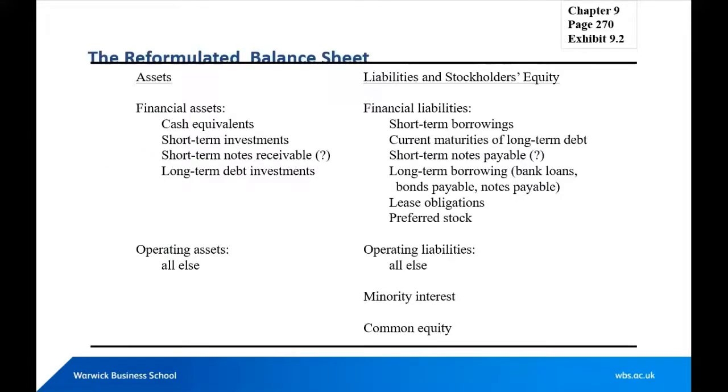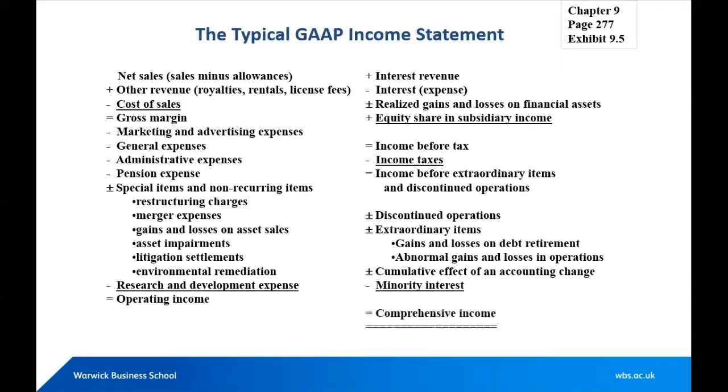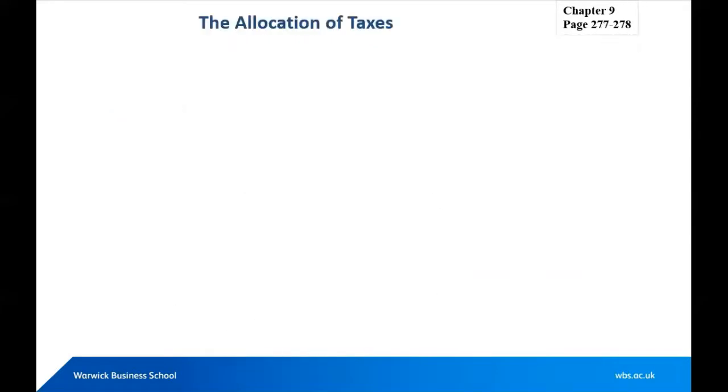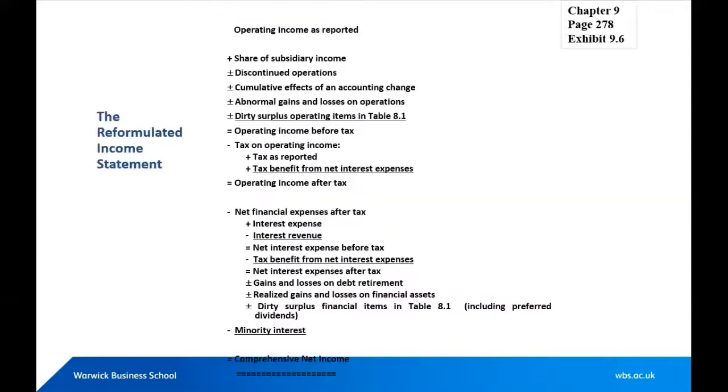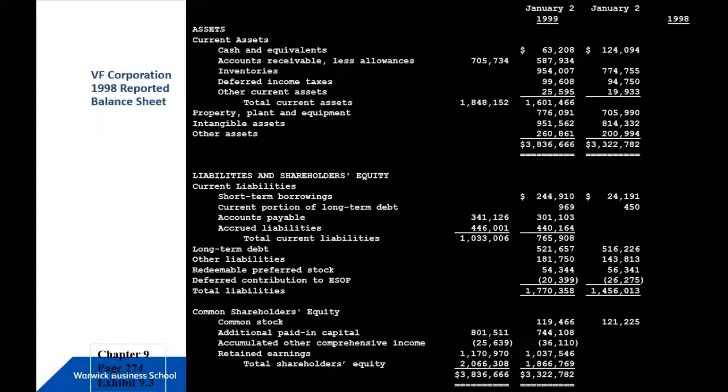So you see, it is a reformulated balance sheet. The same thing, but in different categories: financial assets, operating assets, and in the liabilities part, financial liabilities and operating liabilities. We'll talk about the income statement later.